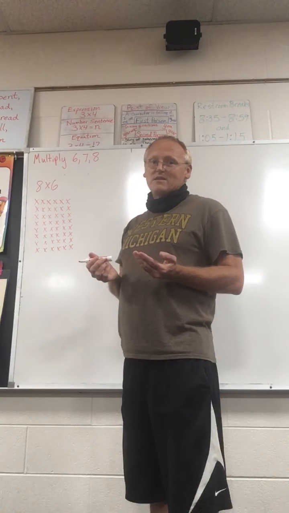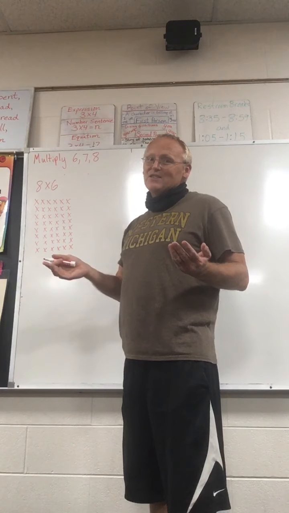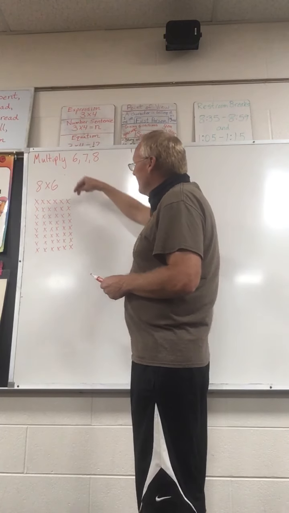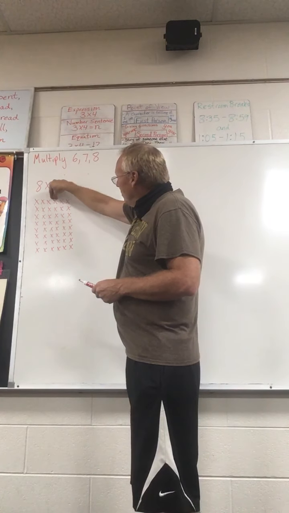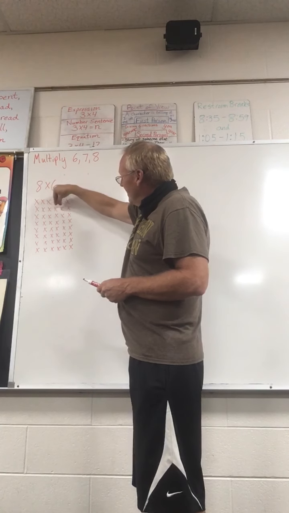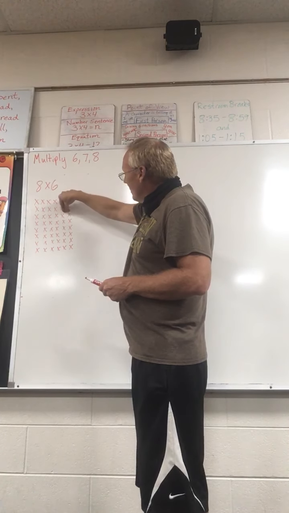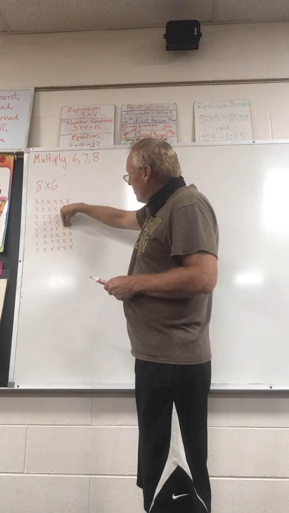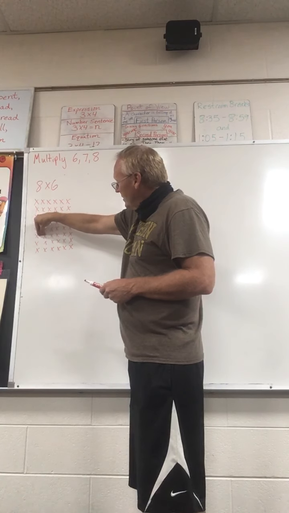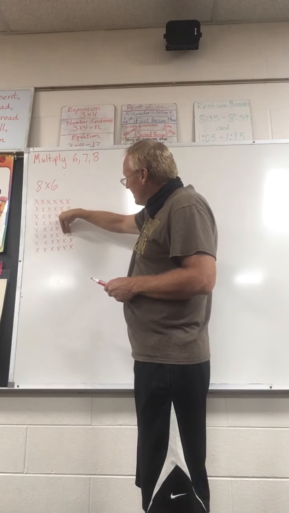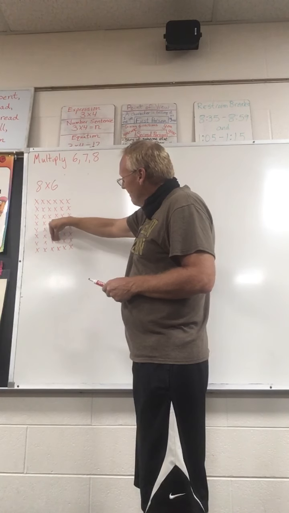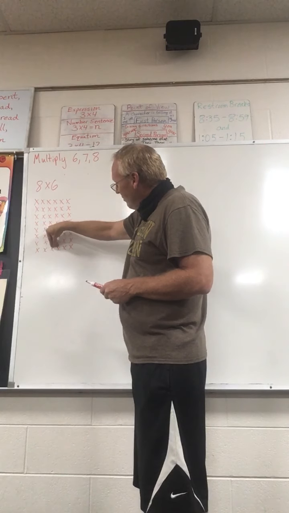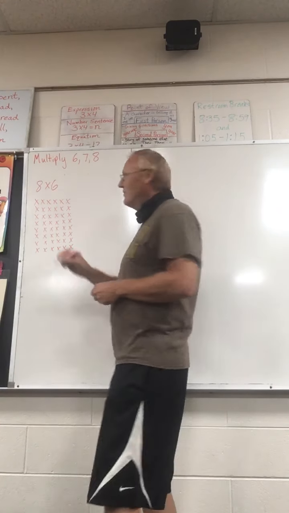Now I can count by 1s, I can count by 2s. You could count by 8s or 6s, but that would probably mean that you already know the answer. Okay, so let's count by 2s. 2, 4, 6, 8, 10, 12, 14, 16, 18, 20, 22, 24, 26, 28, 30, 32, 34, 36, 38, 40, 42, 44, 46, 48, if you count correctly.